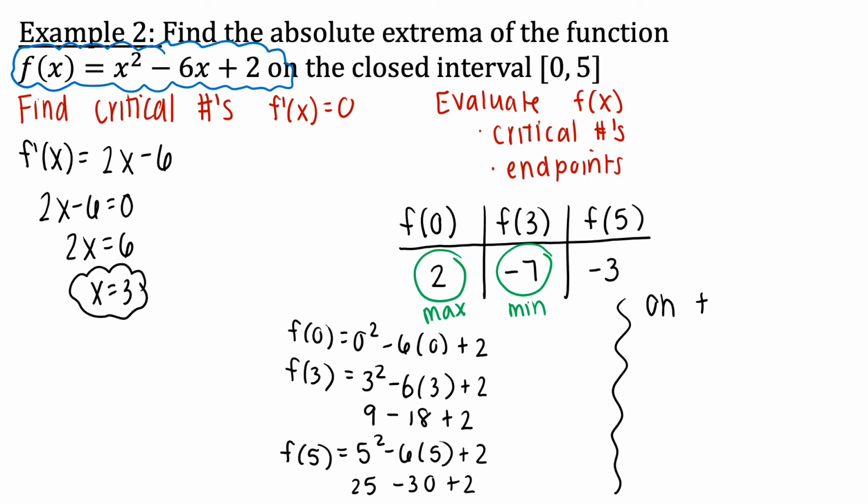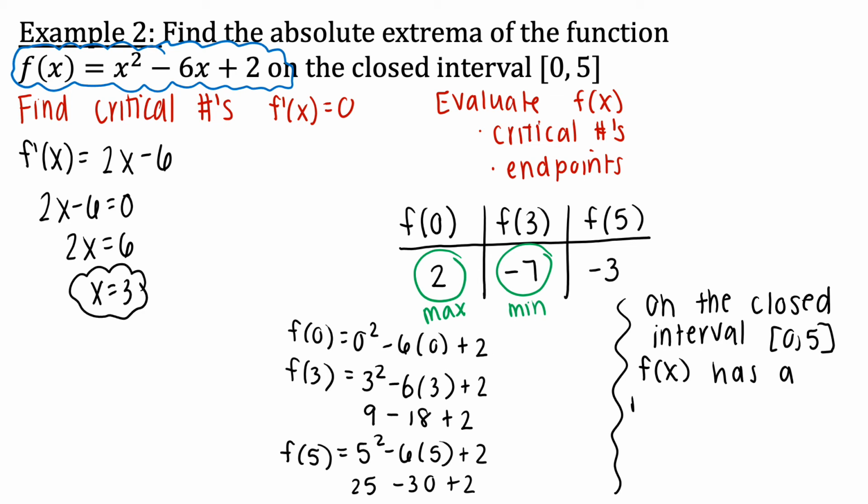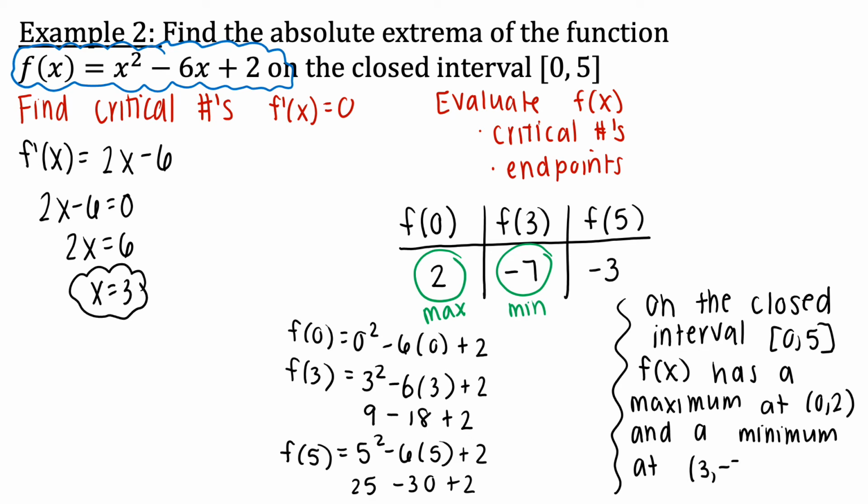Let's start with on the closed interval from 0 to 5, our function f of x has a maximum at the point 0, 2, and a minimum at the point 3, negative 7.